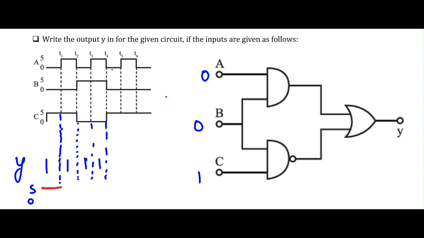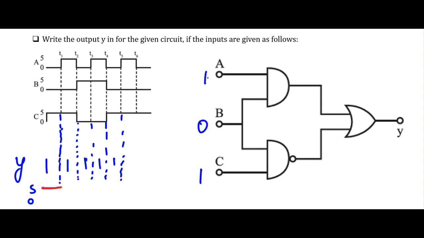And for the next interval, T4 to T5, A is 0, B is 0, and C is 1. So here will be 0, 0, 0, and then here will be 0, 0, 1, there will be 1, and here will be 1. So the final output will be 1. Okay, let's move to the next interval, T5 to T6.